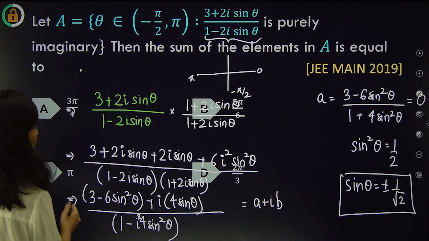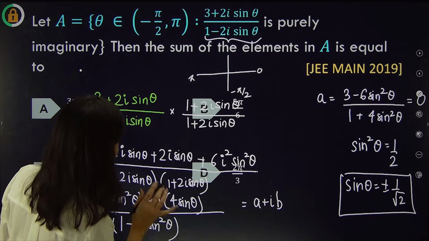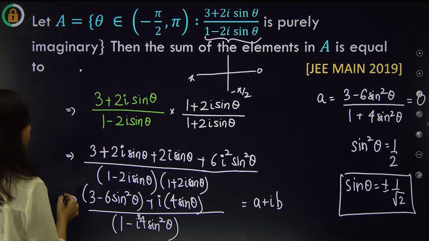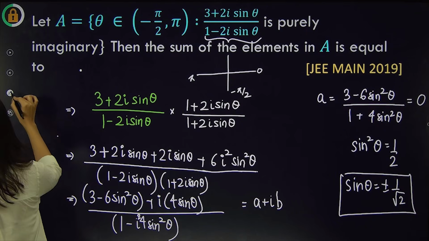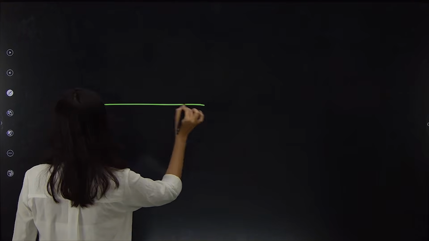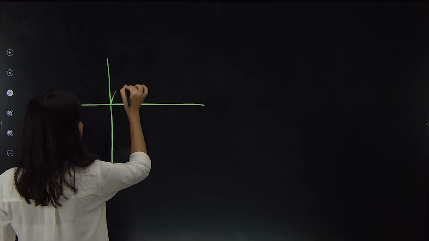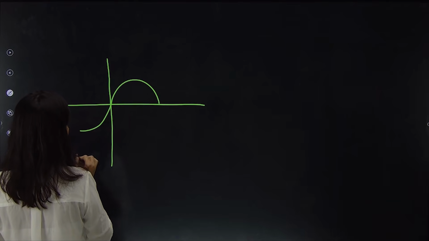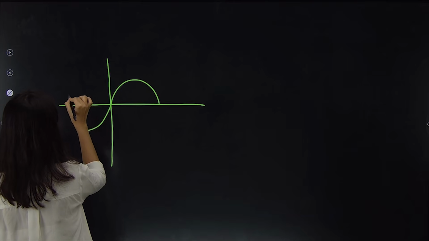Options are also given. Let's plot the graph. Sin theta is plus minus 1 by root 2. 0 to pi of sin x, and this is your minus pi by 2.